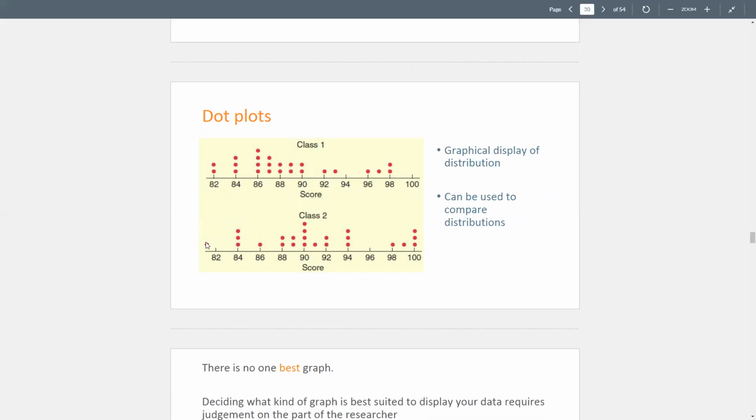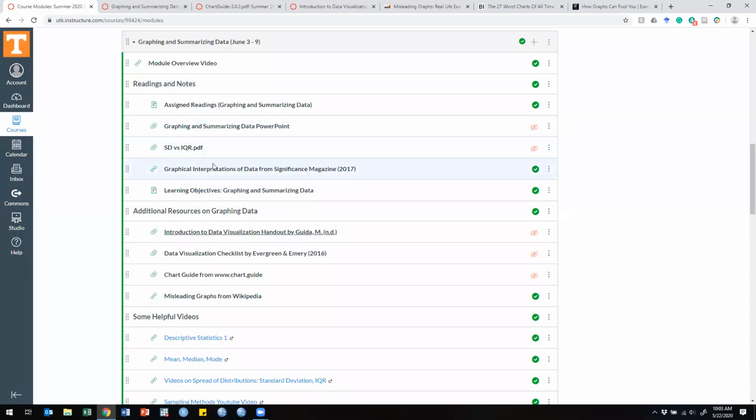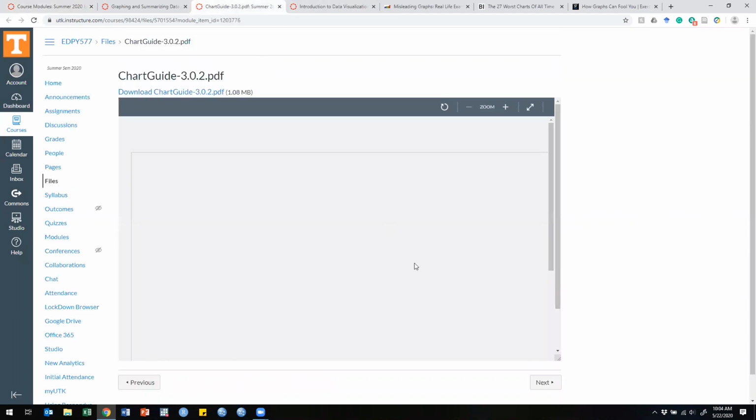There's a lot more information on graphing data. If you go to the Canvas site, there's this chart guide. I think it's really cool.